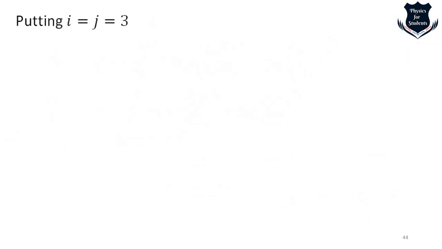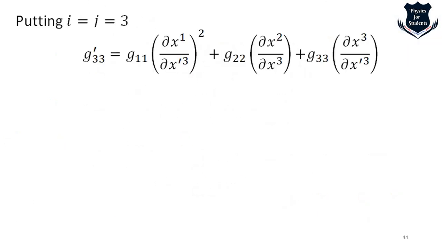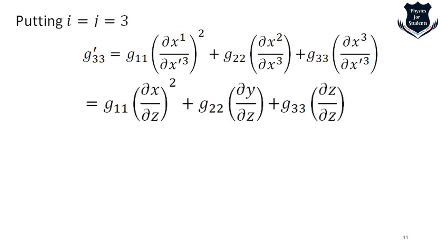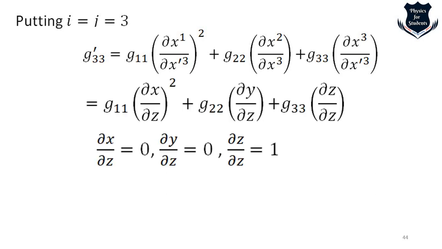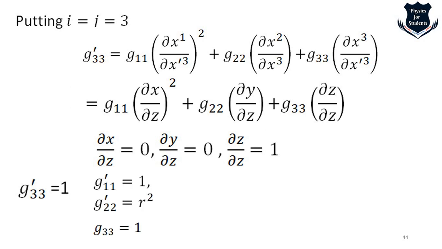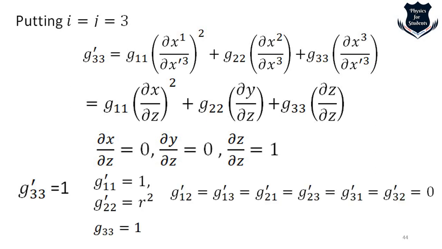Now if I put the value 3, how does it become? The g prime 33 gets to this, and we get this, right, and we know that since these equal 0, obviously g prime 33 equals 1. So 1, 2 and 3, all the values are done.